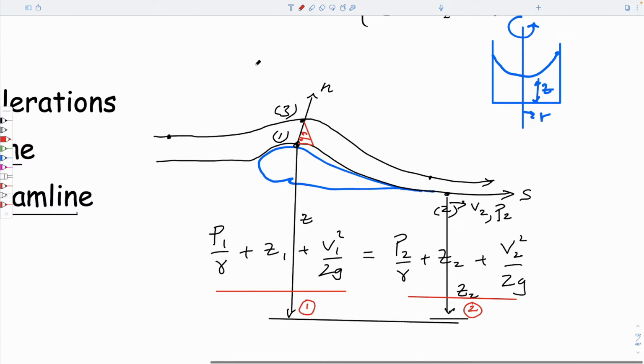What we'd like to do up here is write Bernoulli's equation across the streamline for point 1 and equate it to the value at point 3 and solve for one of these three variables. And the three variables would be elevation or pressure or velocity at each of these locations.